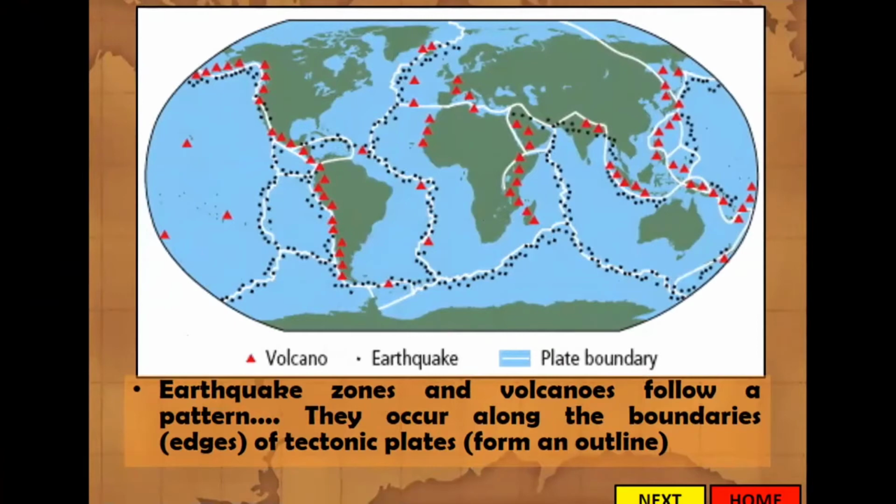They occur along the boundaries or edges of tectonic plates, forming an outline. So you will see here, forming an outline, these are the volcanic zones. And the dotted ones, probably the earthquake zones, and the blue ones are the tectonic plates.